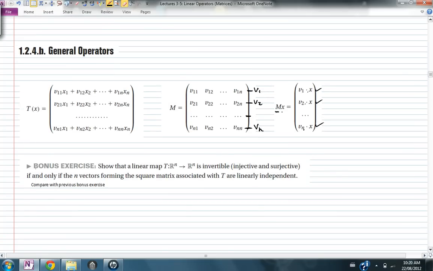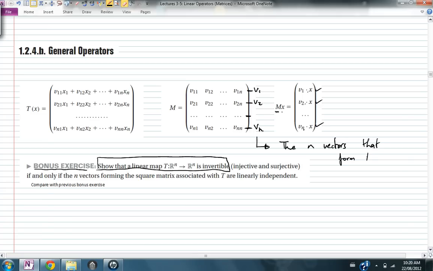Again, this is a bonus exercise, but it's a fact that this matrix is invertible when the n vectors that form the matrix M are linearly independent.